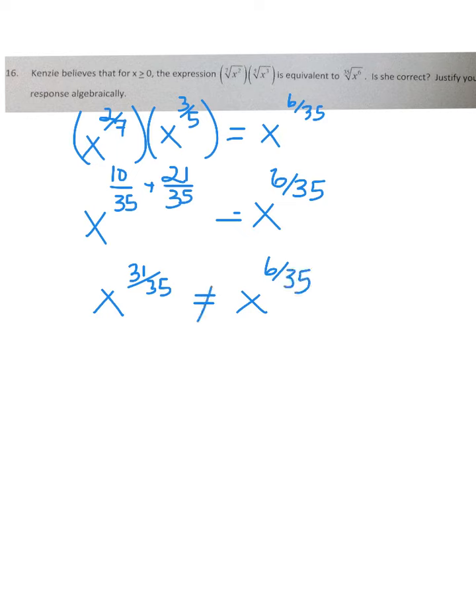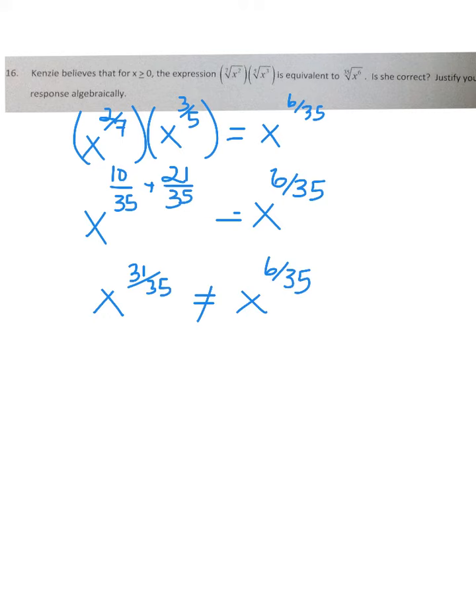Okay, so the only way that Kenzie would be correct is if this fractional exponent was equivalent to that fractional exponent. So justify my response algebraically. This is my algebraic response. You can write a sentence if you want.